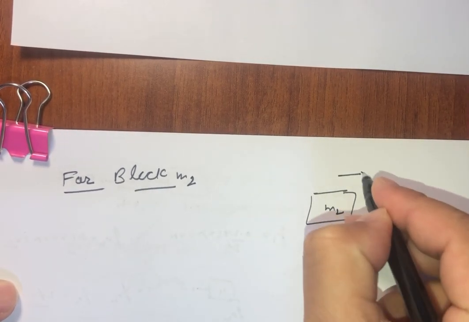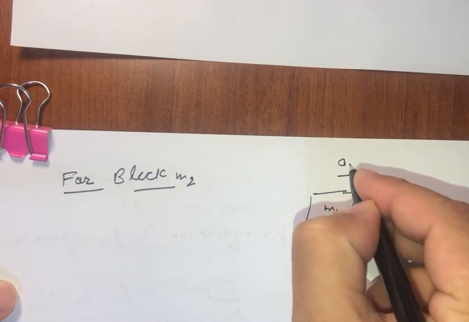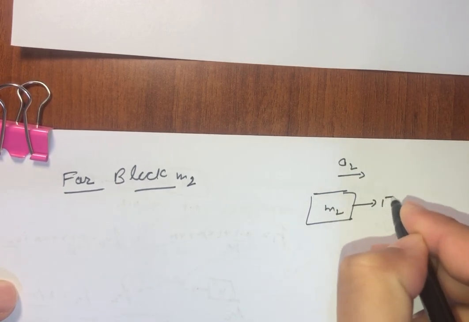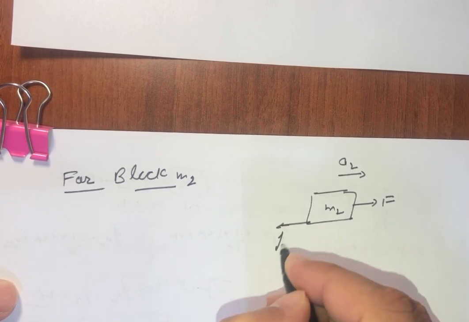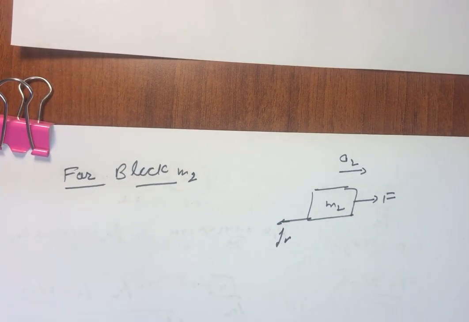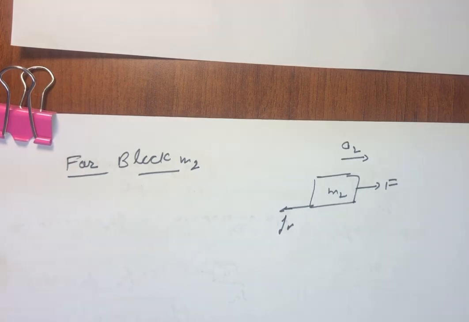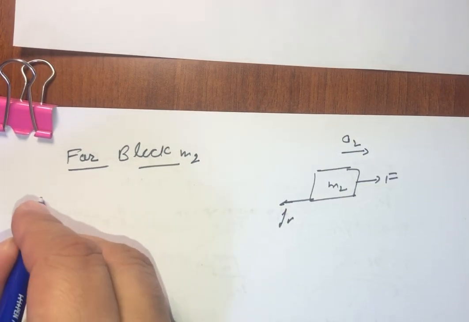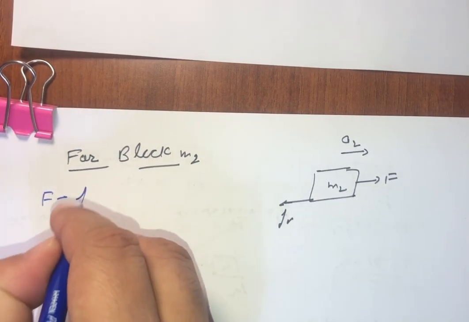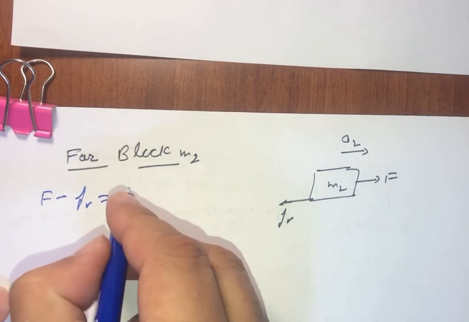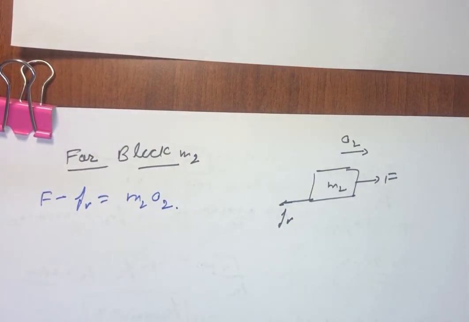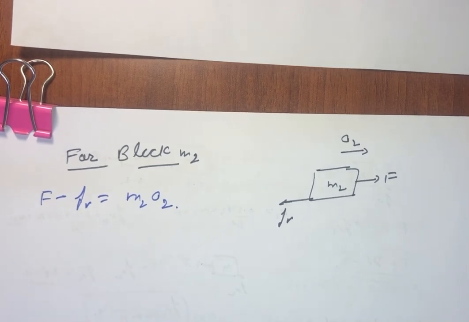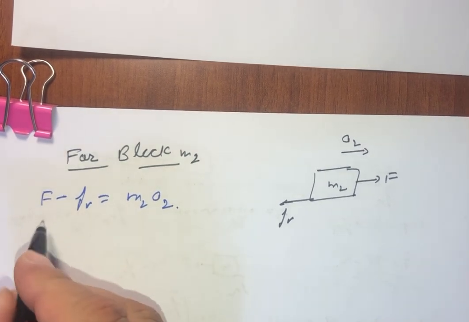Now it is having an acceleration of a2, a force F is being applied, and we have Fr in the opposite direction. So we can say that our F minus Fr will be equal to m2 a2, and we already know the value of F is bt.